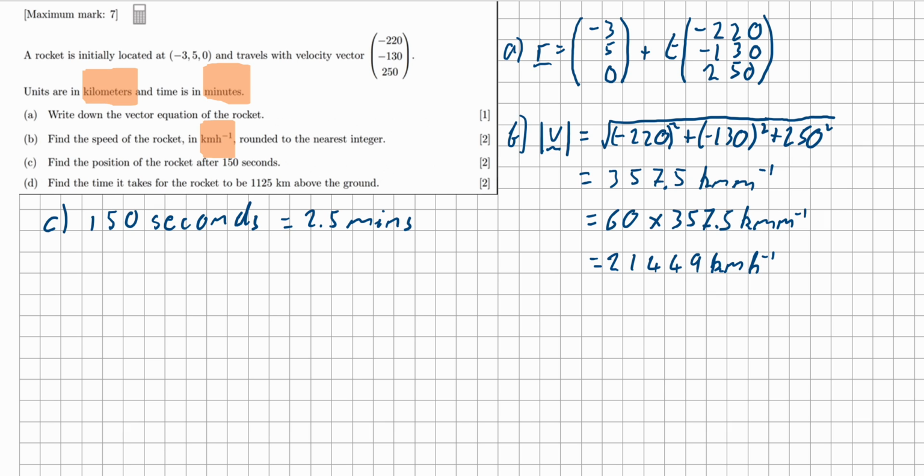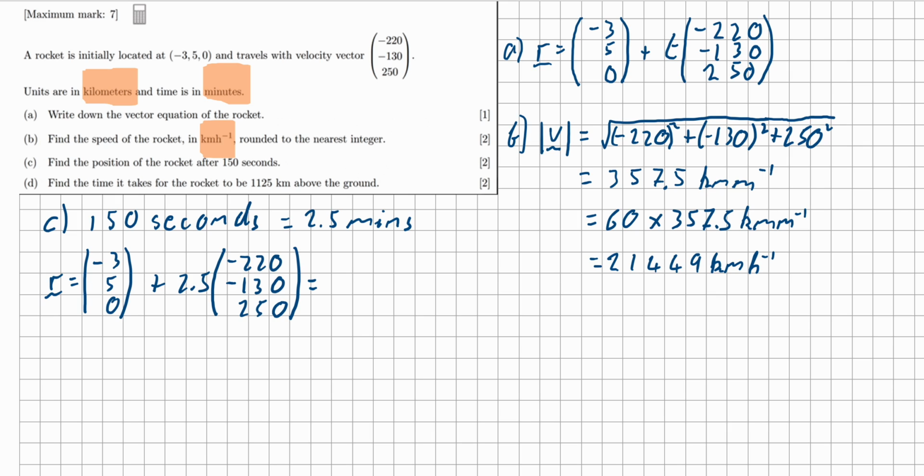Okay, minutes. So we need to figure out where it is. So R, its new position, is going to be -350, and then plus 2.5 brackets 220, -130, 250.